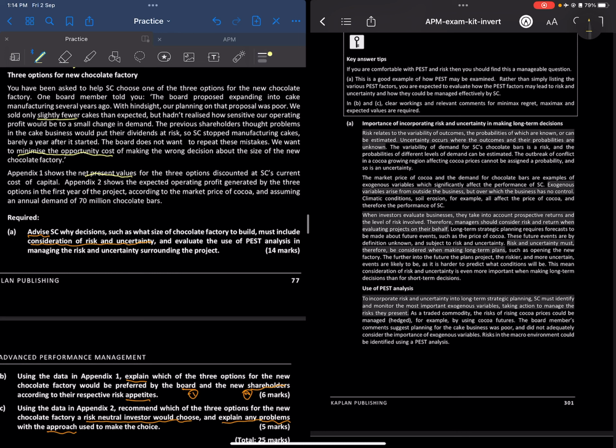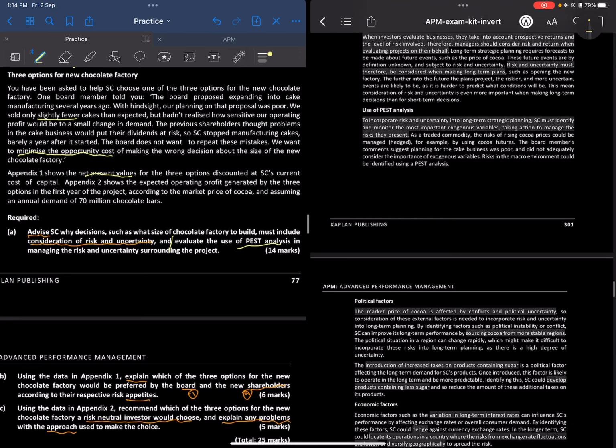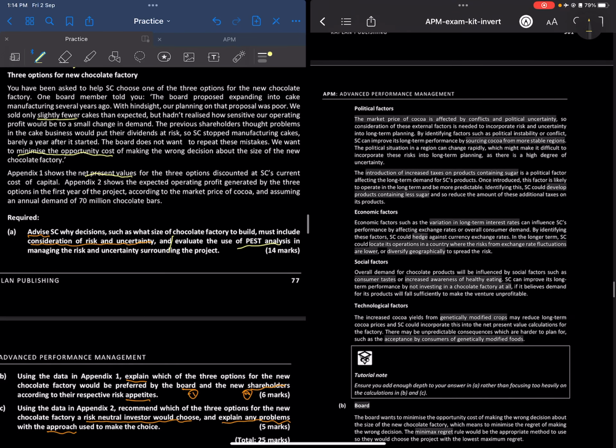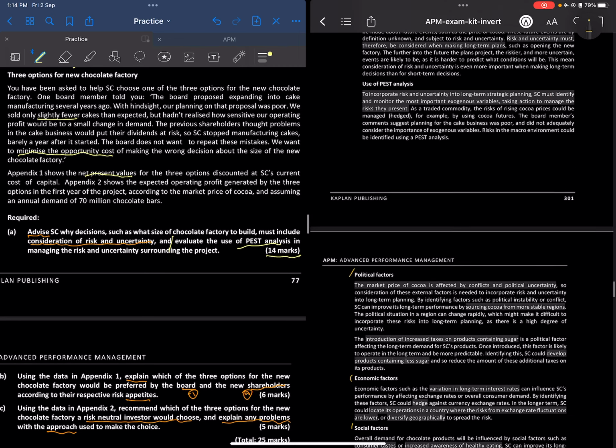Let's just divide the questions into that, and we could do different factors as well. It's 14 marks, right? So of course we need to do that.